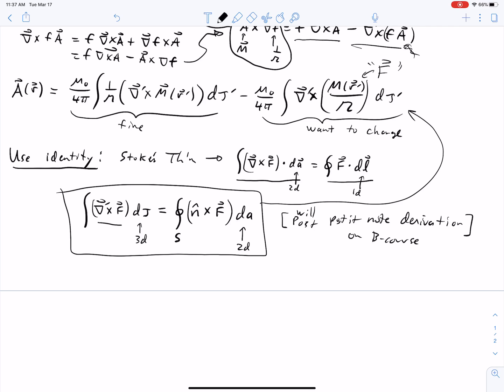Now I'm going to rewrite that integral using this vector identity. I'll write both integrals down now. My A of r is equal to this guy up here. It's equal to mu naught over 4 pi integral of, I'm going to write it like this.